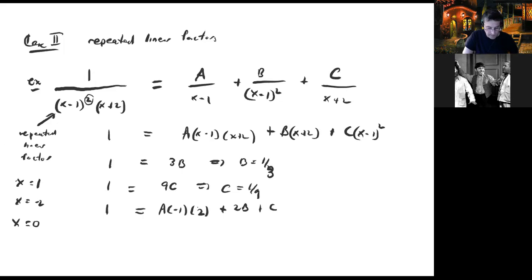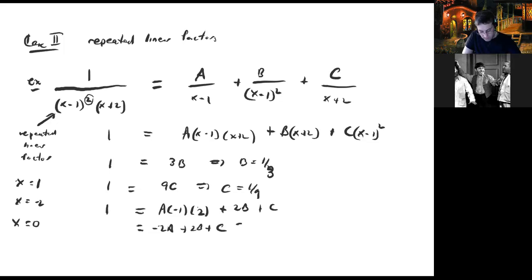And we know what b and c are, and from that we can solve for a. I'll spare you the details. Well, maybe I will do the details. So we get minus 2a plus 2b plus c equals 1.